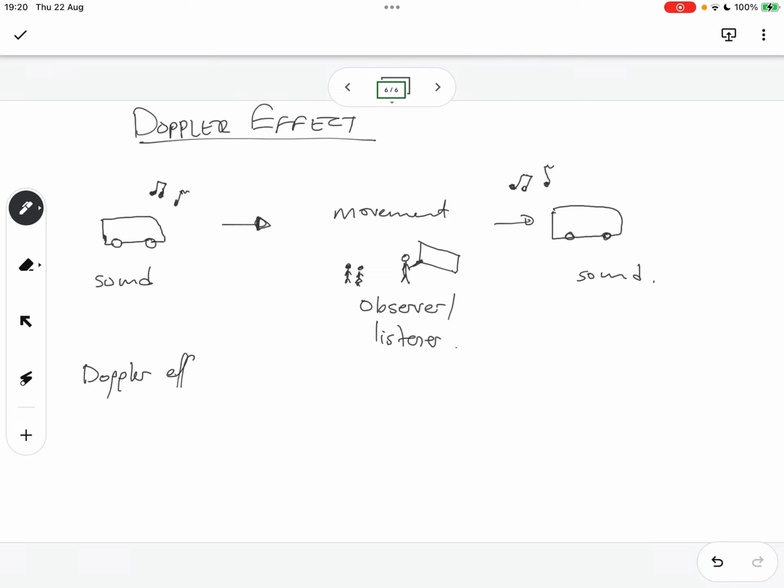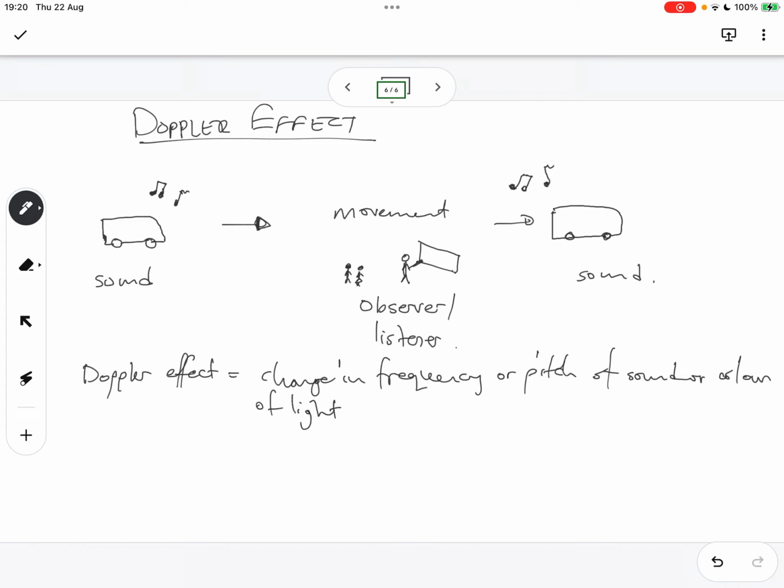So then the Doppler effect would be the change in frequency or pitch of sound, or color of light, that is detected when a wave source moves relative to an observer, or either moves relative to the other.